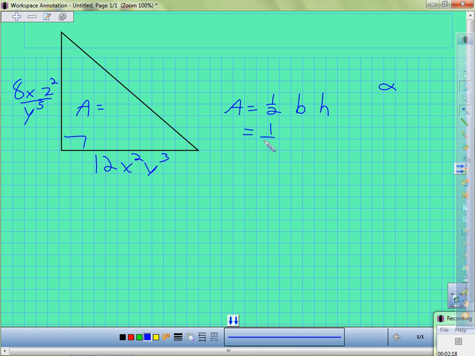So we had to plug in, and then we needed to simplify from there. This problem is not horribly difficult, but it is if you don't remember all your rules of exponents.